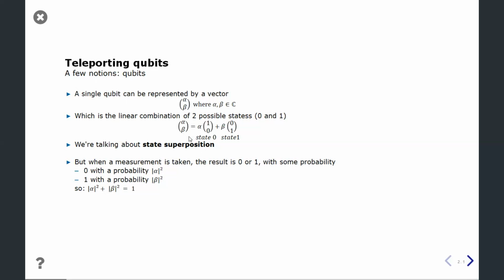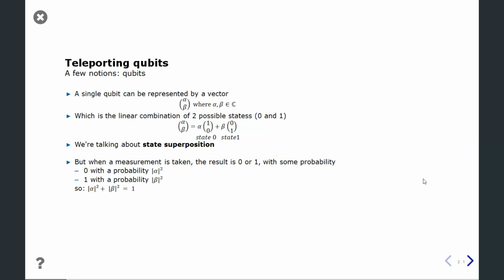So I can explain my qubit state by this vector. And we are talking about state superposition because a qubit can be in a linear combination of the two states at the same time.